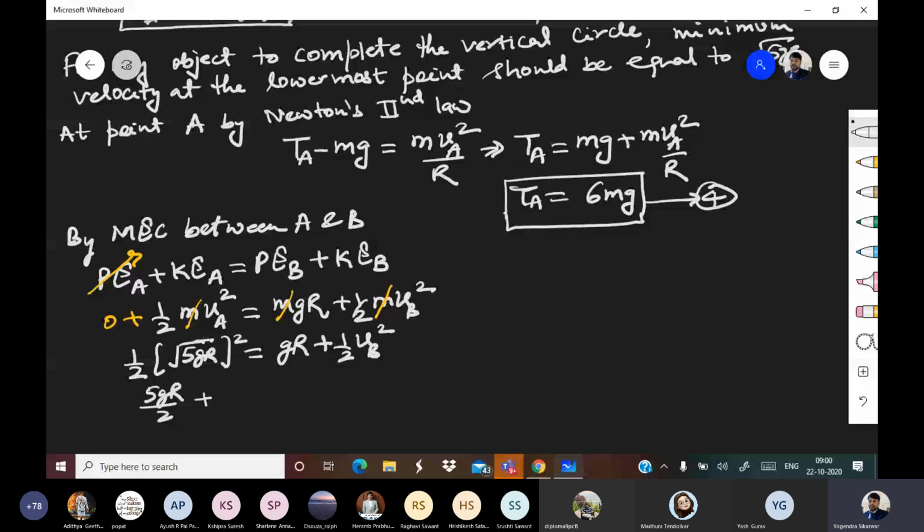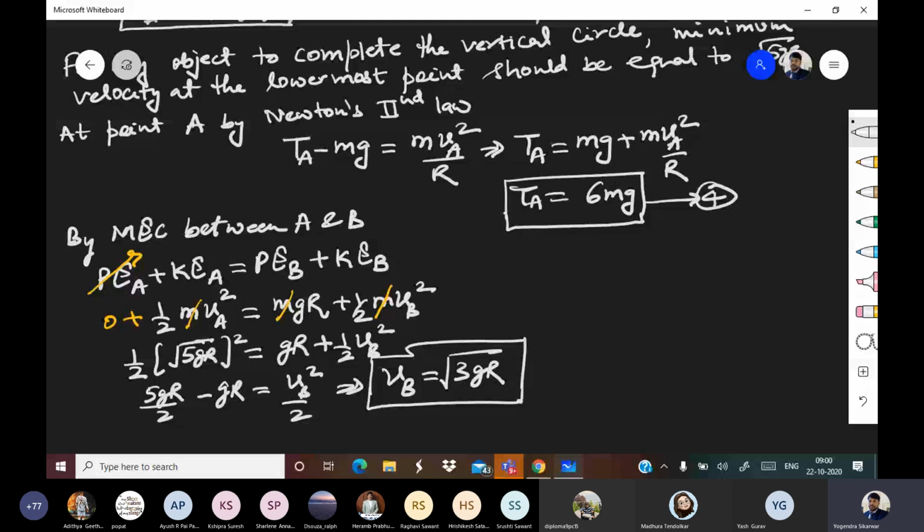When we solve this, we'll get VB equal to root of 3gR. VB will be root of 3gR. Any doubt, any question in this, anyone? How VB is coming out to be root 3gR?